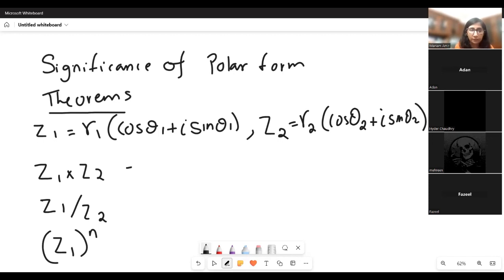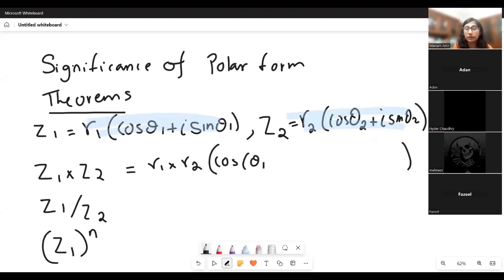Okay, now how do you multiply them? To multiply two complex numbers, if you have them in polar form, you multiply their r's. So you get r1 times r2, and in the bracket, you get cos of the sum of their angles, theta 1 plus theta 2, plus iota sine theta 1 plus theta 2. And the result would be the multiplied complex number.